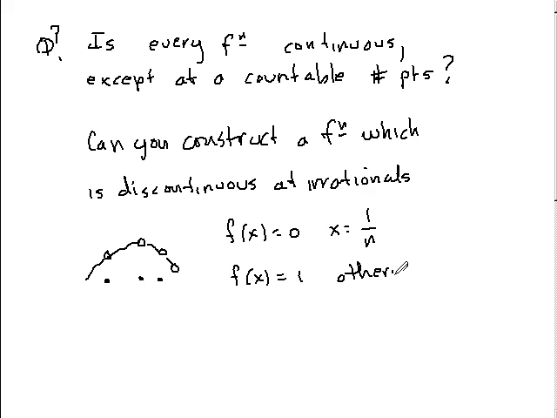This has an infinite number of discontinuities, at the points 1 over n. It's equal to 1 for most values of x, but for an infinite number of x's piling up at the origin, it's not continuous. So this is a countable number of discontinuities. Can you construct a function which is discontinuous at all irrationals? And the answer is yes. I'll let you think about it for next time, and then we'll discuss it.